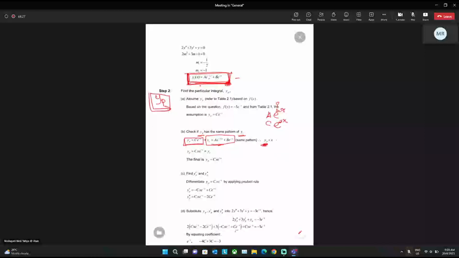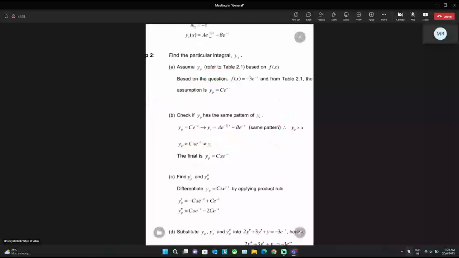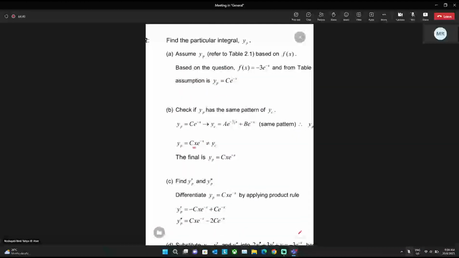What you need to do is multiply YP with X. So YP multiplied with X becomes CX exponential negative X. So here the pattern of YP is not the same as your YC because you have X in between here.